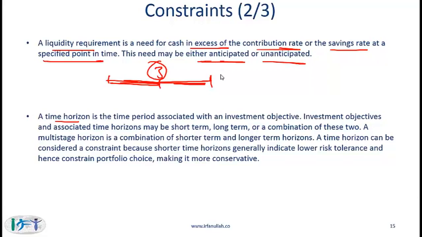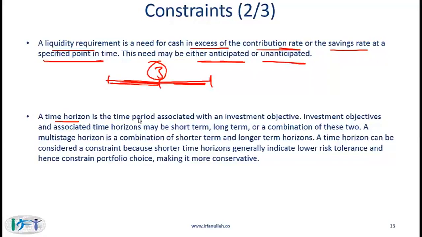You might have another scenario where Mr. and Mrs. Smith are somewhat old and they do not have health insurance. So there is a chance that they will get sick and they will need money. So that is an unanticipated liquidity requirement. If you look at institutional investors, then insurance companies will generally have high liquidity requirements, and those might be unanticipated in the sense that they do not know when the claims will come in or how much those claims will be.